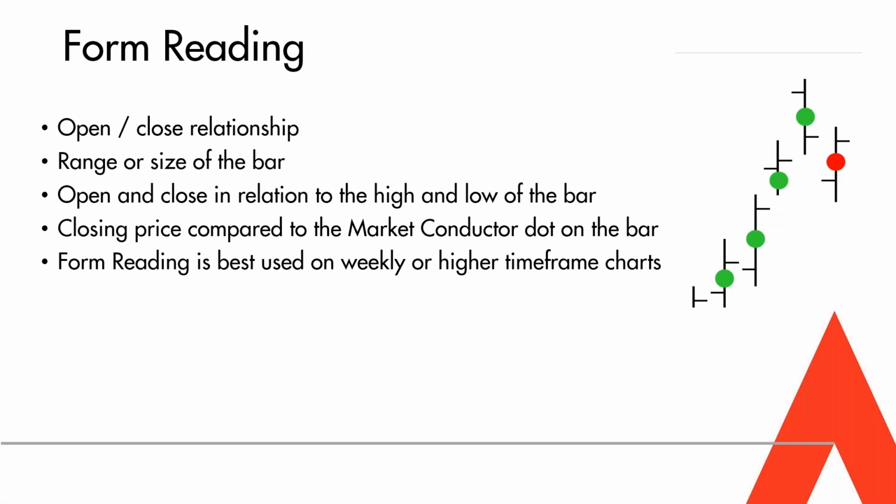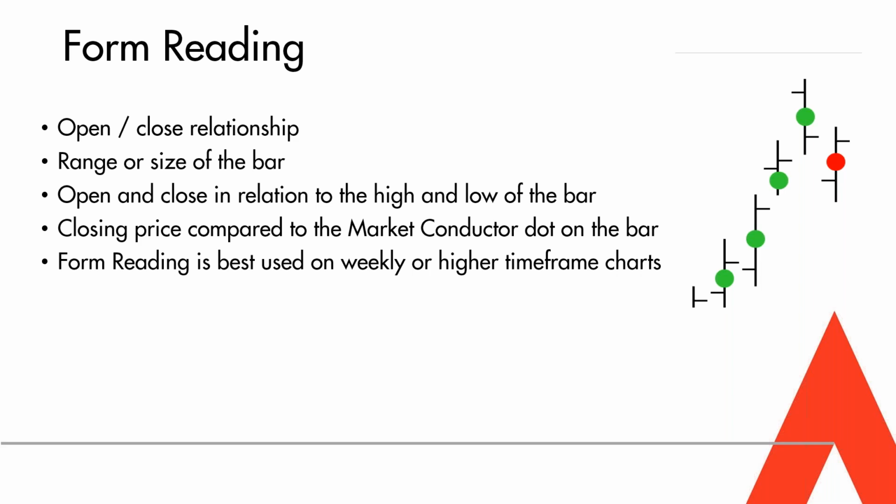Now, another thing you can look at with form reading is in conjunction with one of the pre-alerts known as the market conductor dots. So green dots basically occur when it's in a short-term uptrend. Red dots typically occur when it's in a short-term downtrend. So we can compare the closing price in conjunction with the market conductor dot.